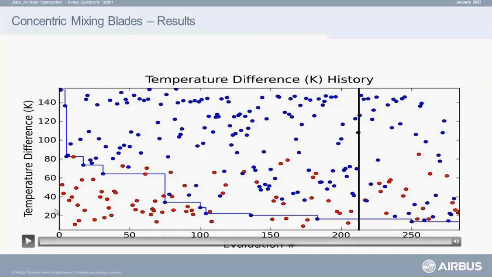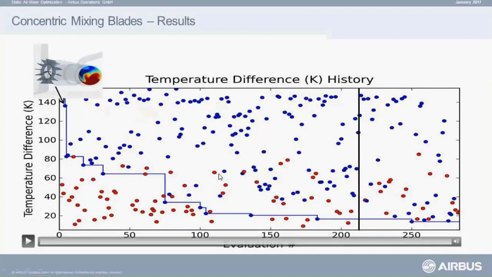So we can conclude that we reach a minimum temperature difference of 20 Kelvin, which is quite close to our target already after 100 simulations. So this is quite fast.